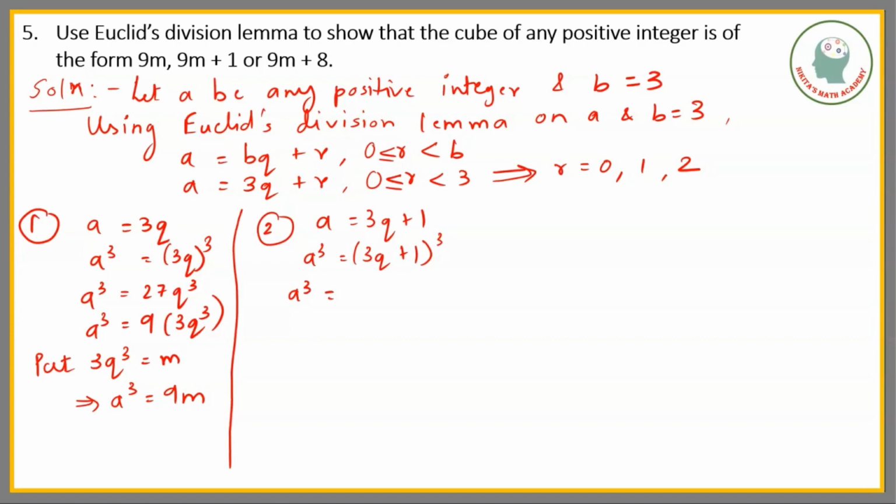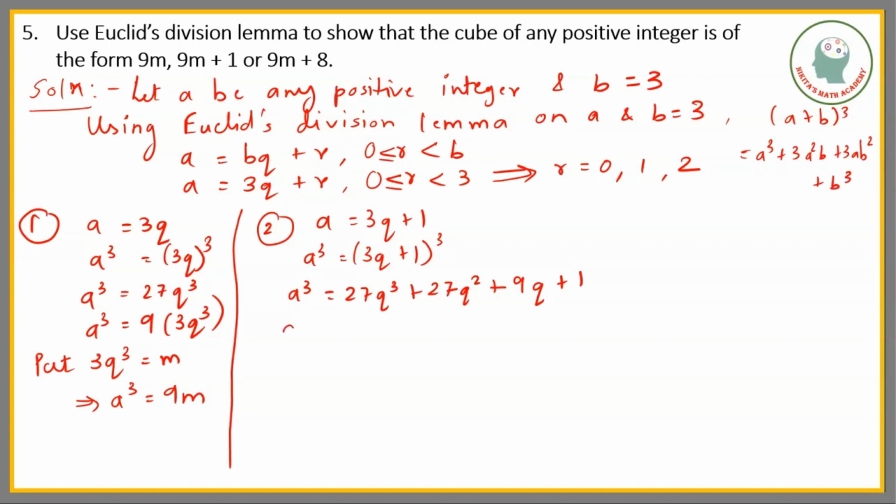So this will be 27q cube plus 3 a square b, so this will be 27q square plus 9q plus 1, right? And what is the formula for a plus b whole cube? It is a cube plus 3a square b plus 3ab square plus b cube, right? So we have used this formula here.